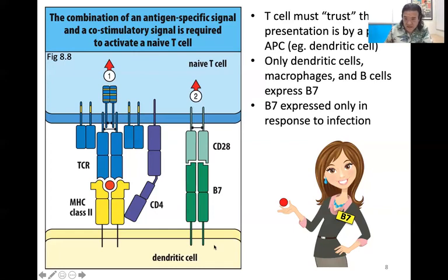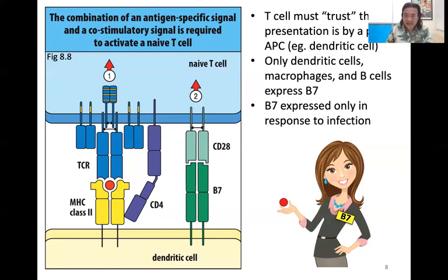The dendritic cells during an infection, just like macrophages during an infection and B cells during an infection, in order for them to be respected as an appropriate antigen-presenting cell, will start expressing this B7 protein on their surface.